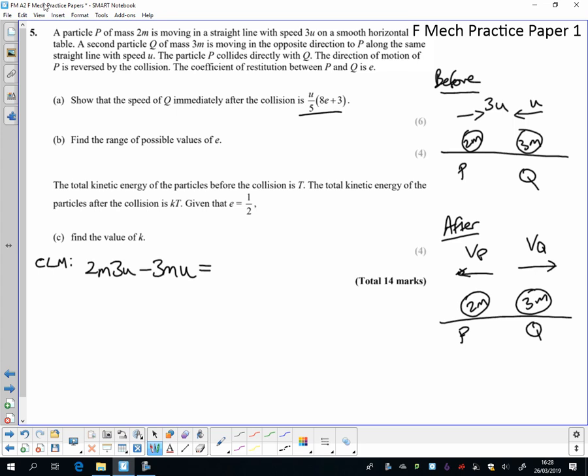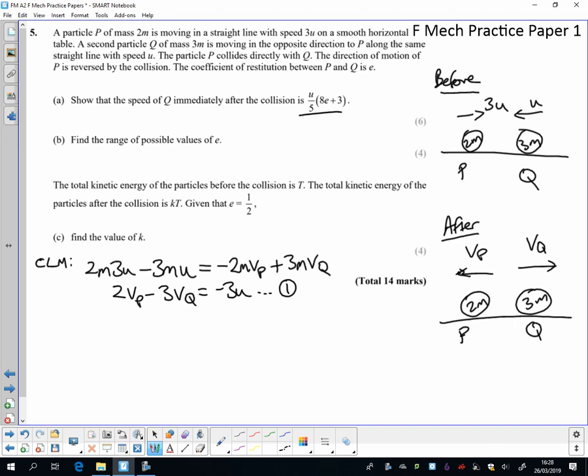Now after, they both reversed, so P is now moving in the negative direction and Q is moving in the positive direction. You can then simplify that equation and get to 2 velocity of P minus 3 velocity of Q equals negative 3u, and that's going to be my first simultaneous equation.